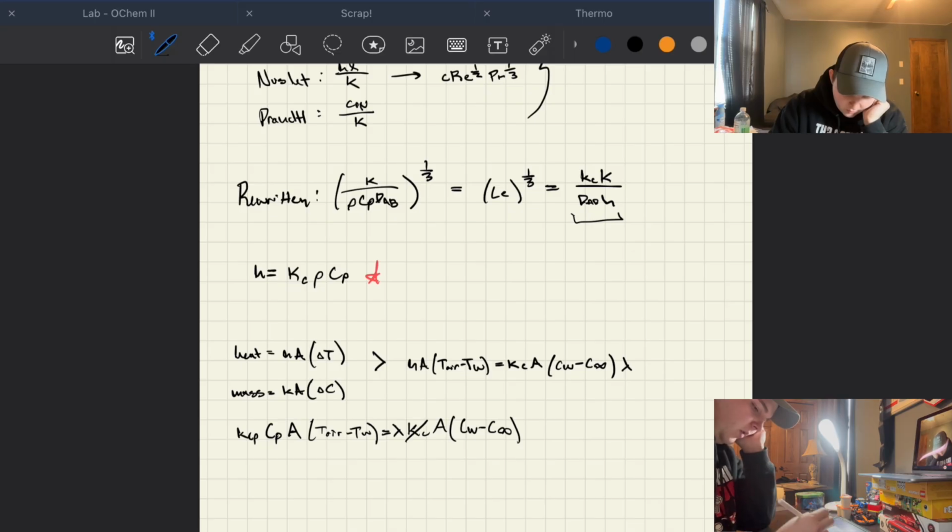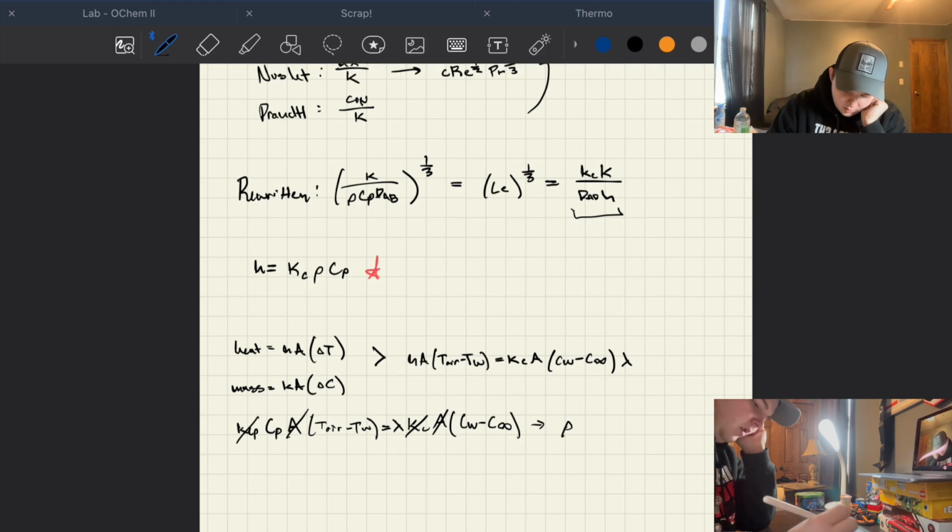Then we can cancel terms out: Kc, Kc. Our rho and our Cp have to stay. We can cancel areas out, and I think that's all that we can cancel. So when we rewrite it, we're going to get rho Cp times T air minus T water, which is equal to gamma change in C.